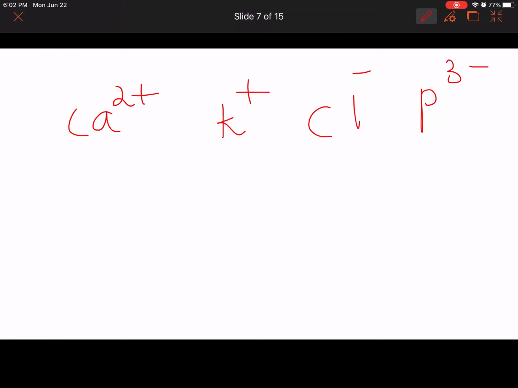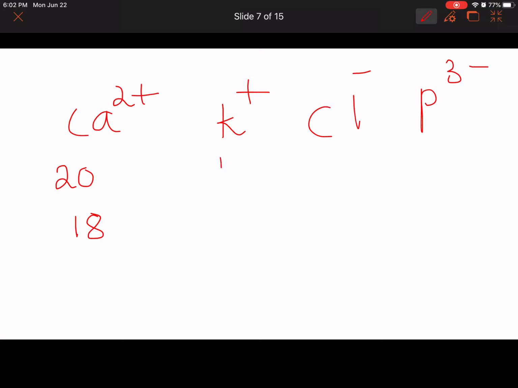So these are the ions that are given to us: calcium 2 plus, potassium plus, Cl minus and P3 minus. The atomic number for calcium is 20. Calcium 2 plus has lost 2 electrons, so it is 18.